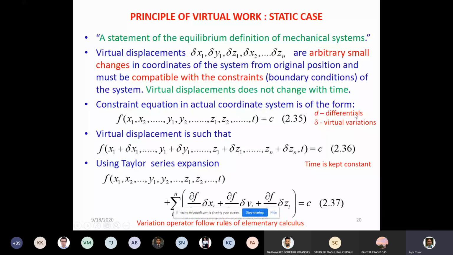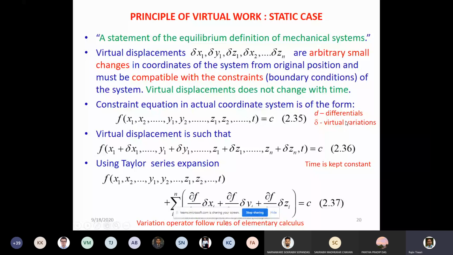Differentials take up the time also, but virtual variations we are not giving for time. Only for the generalized coordinates. So this is the main difference between the virtual variation and the differentials.